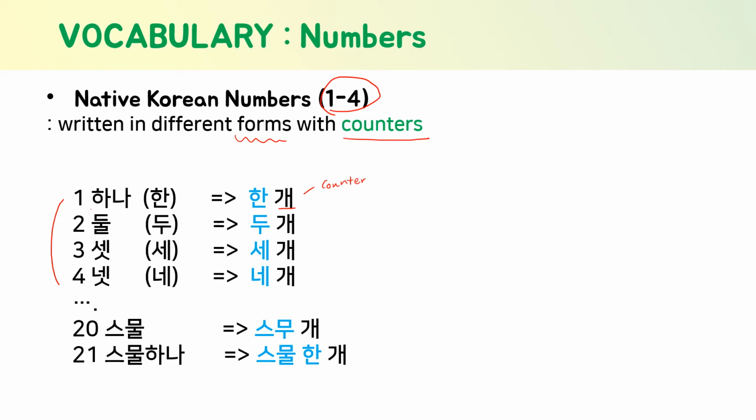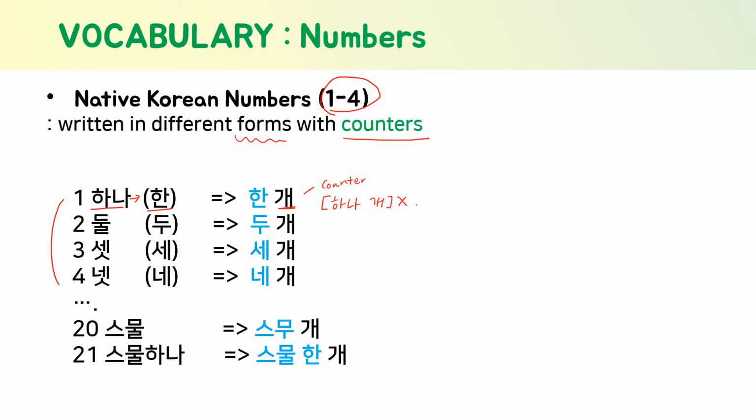The word for one is 하나, but when we use it with the counter, the form changes to 한. So instead of 하나 개, we say 한 개. We don't use 하나 개. Instead, use 한 개.